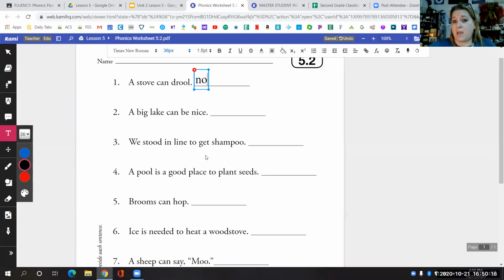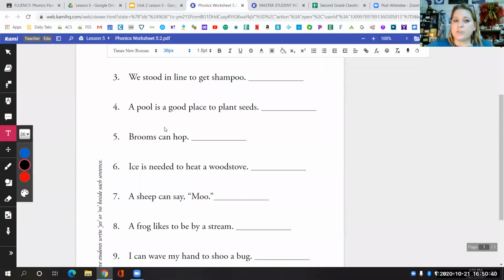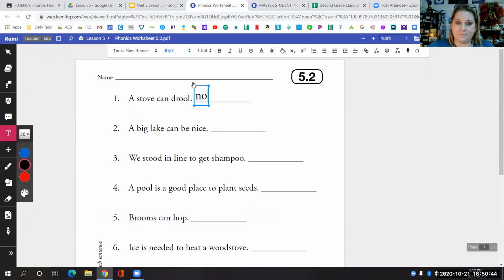What do you think? Can a big lake be nice? If you think yes, then you're going to type the word yes. We stood in line to get shampoo. Can you do that? Can you stand in line to get shampoo? Okay. So you're just going to tell me yes or no. And here are the directions. It says have students write yes or no beside each sentence. Okay. So you're just going to write yes or no if it's really something that can happen.